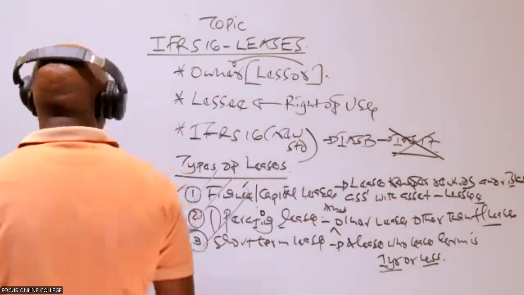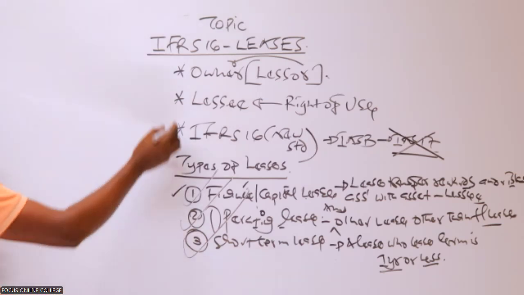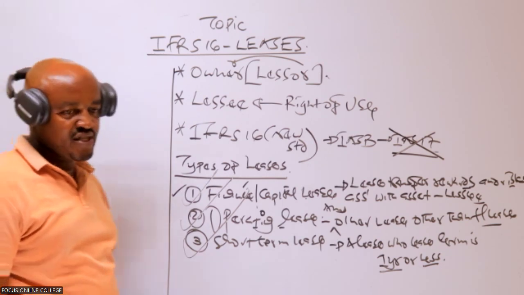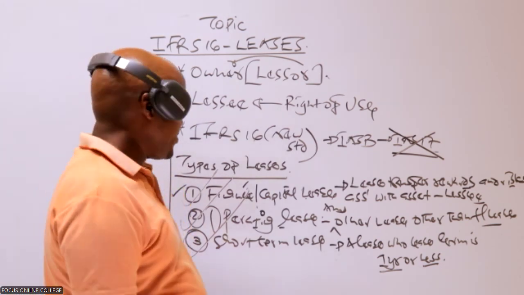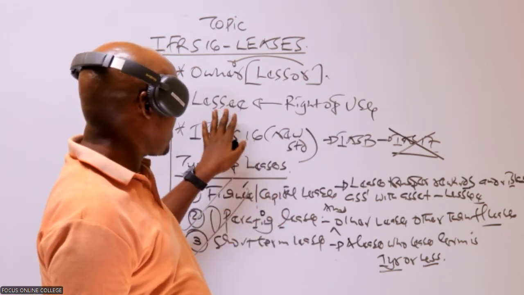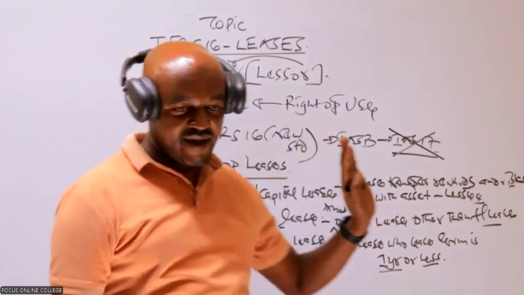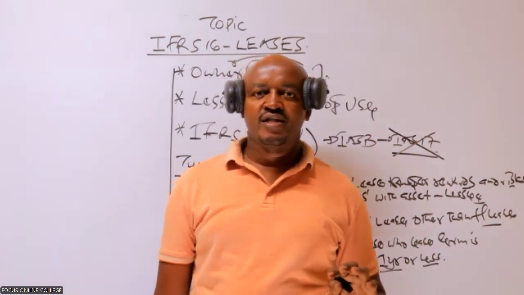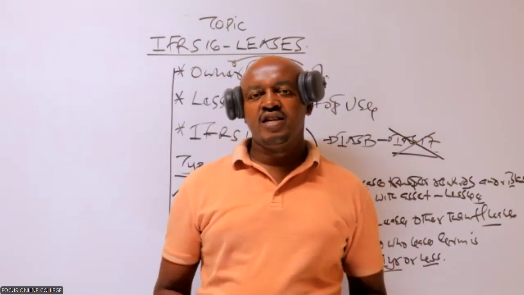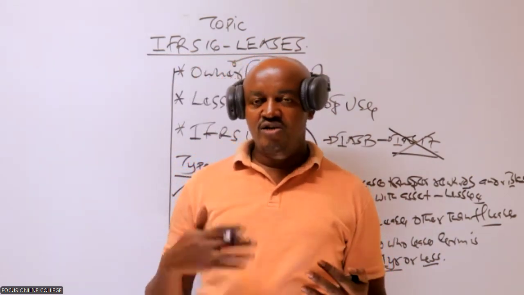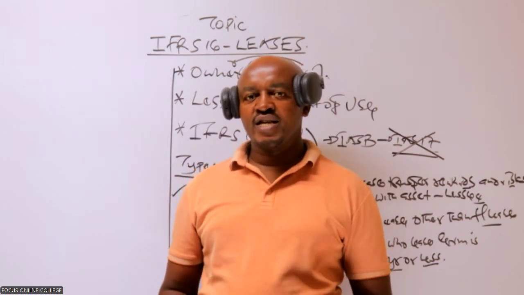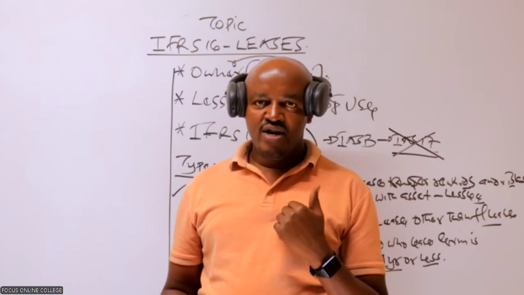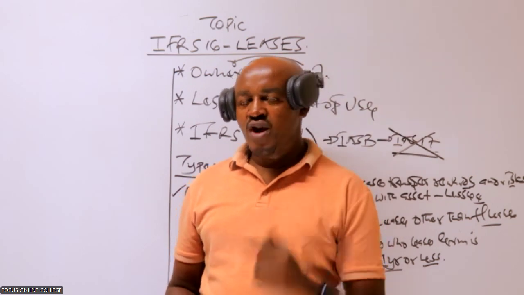Now, having that classification, I want us to proceed and look at how the leases are accounted for. We're going to start by looking at how leases are accounted for by the lessee. Remember, we have said the lessee is the person who has been given the right to use the asset. If I own the asset and we enter into a contract whereby I give you the right to use that asset, maybe for the next 2 years or 3 years, I'm the owner, or lessor, and you are the lessee.